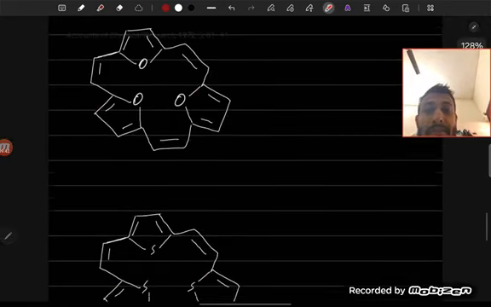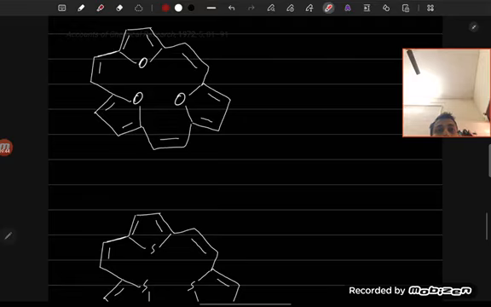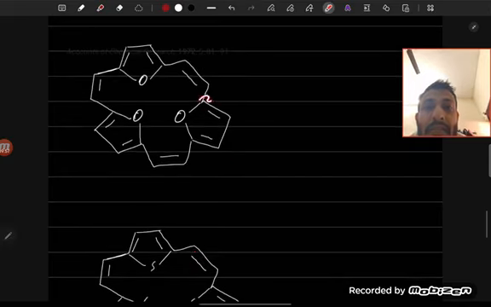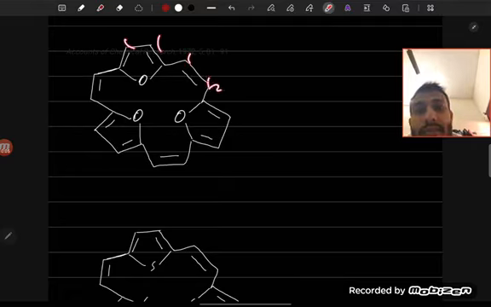Okay, let me explain a very classical example of peripheral resonance and the cavity repulsion. So this compound is a thiophene, and this compound is a thiophene, and this is a furan, annulene. Okay. So what it is like 1 2 3 4, 1 2 3.